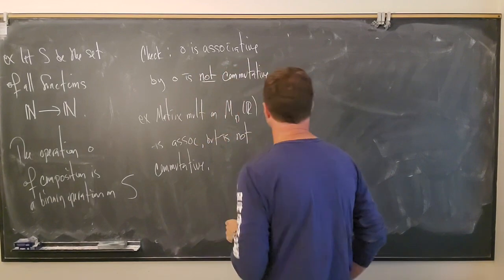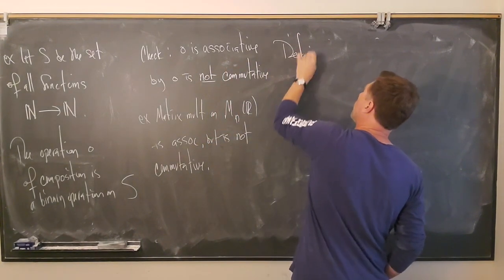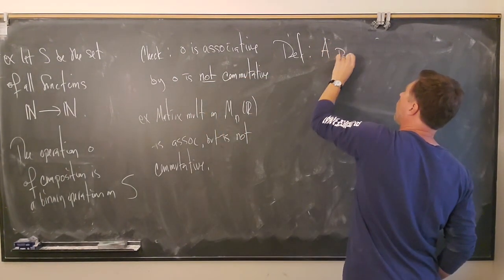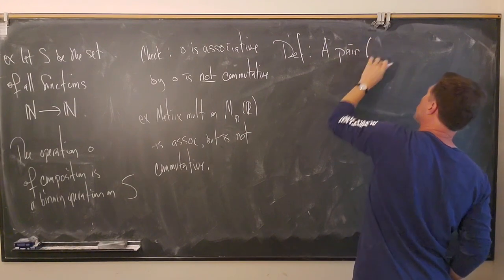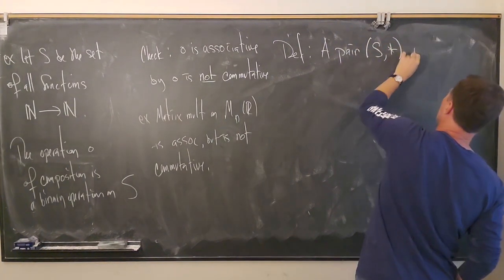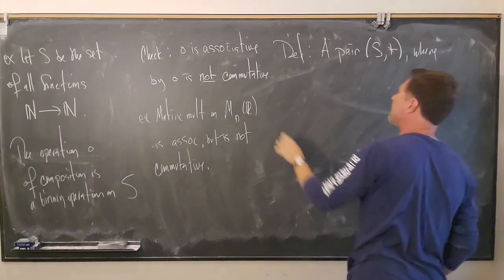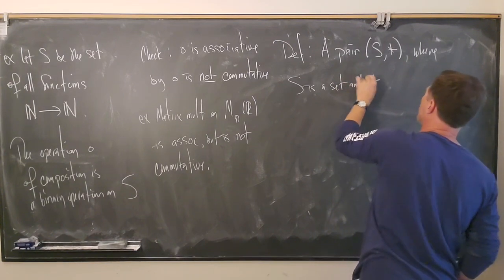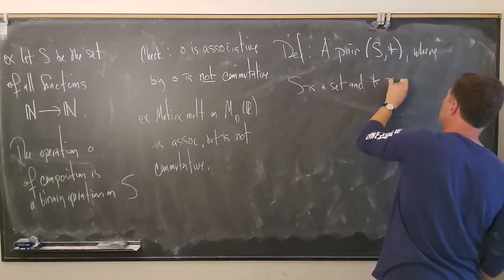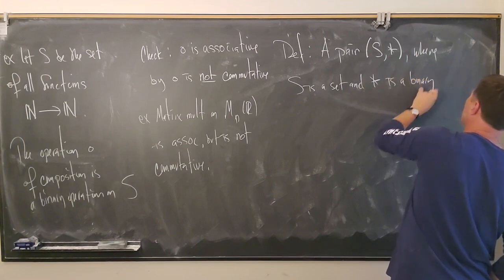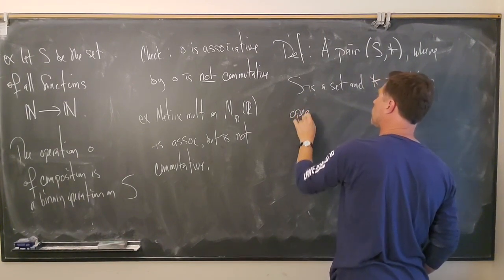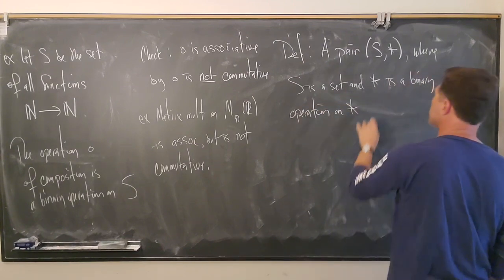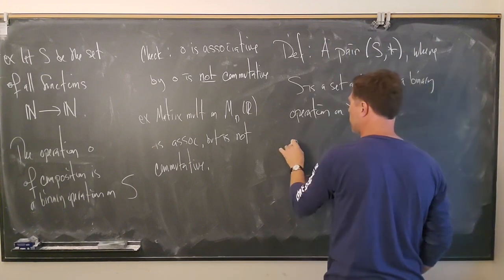Now let's end with this definition. A pair, S comma star, where S is a set and star is a binary operation on S, is called a binary structure.